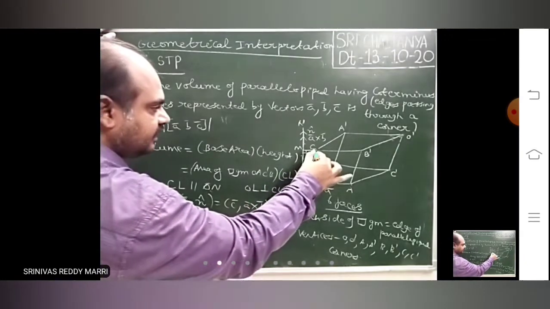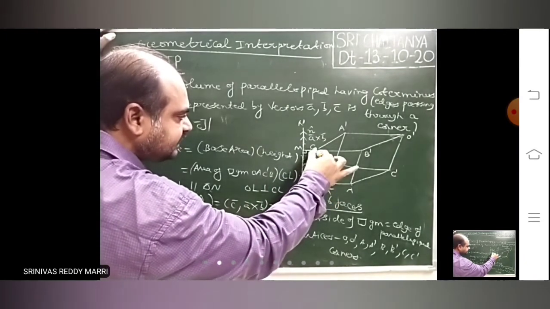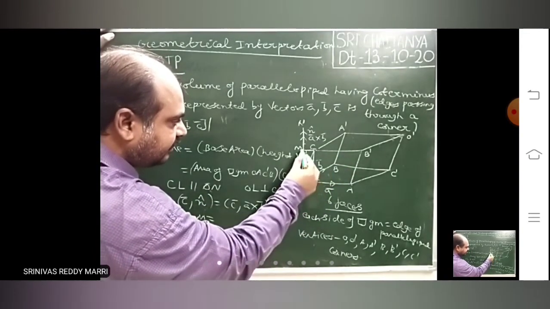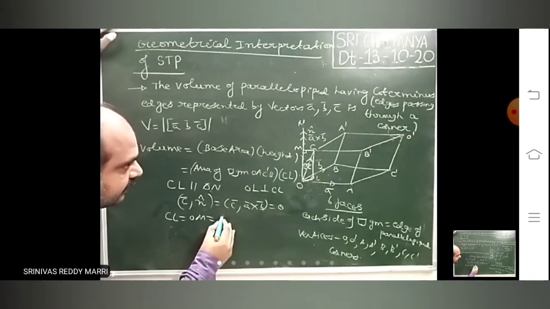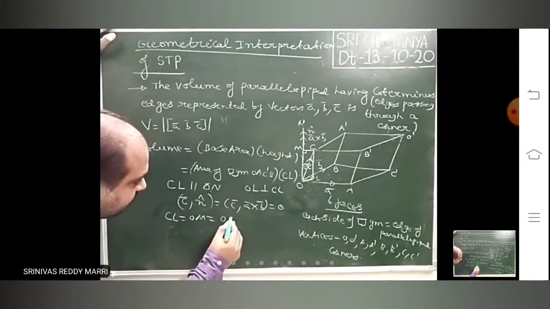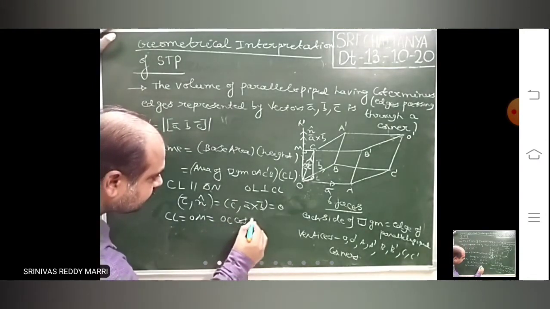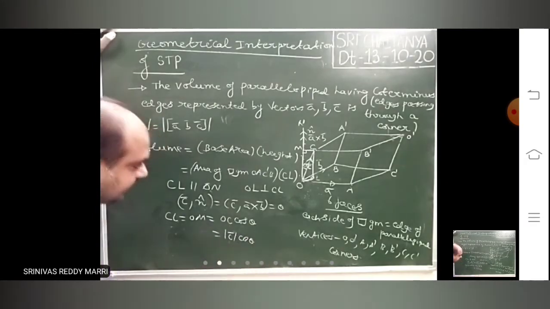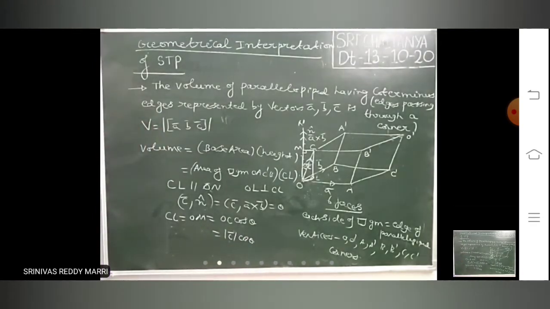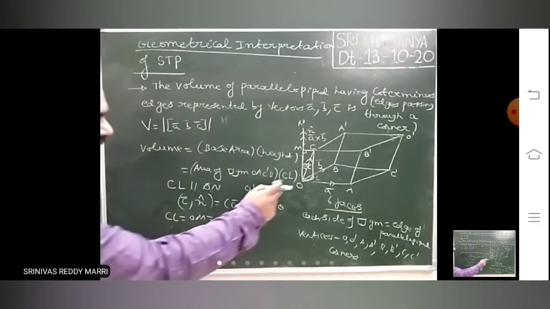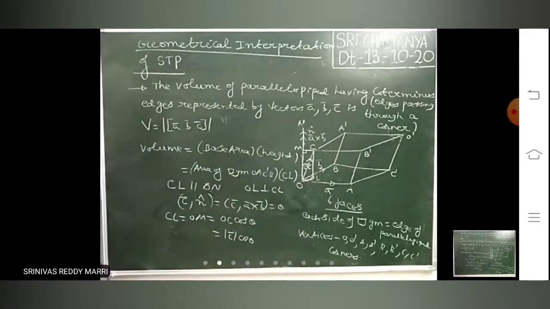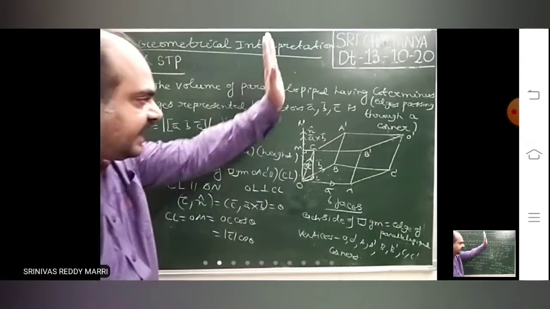This OC length, you know, is modulus C bar, and this angle is theta, and OM is the adjacent side. So that is nothing but OC cos theta, which means modulus C bar cos theta, where theta is the angle between the C bar vector and the A cross B vector, and also C bar with n cap.